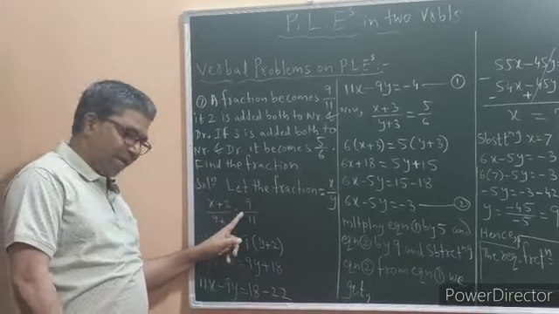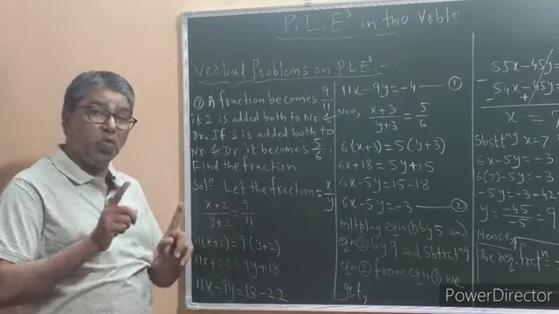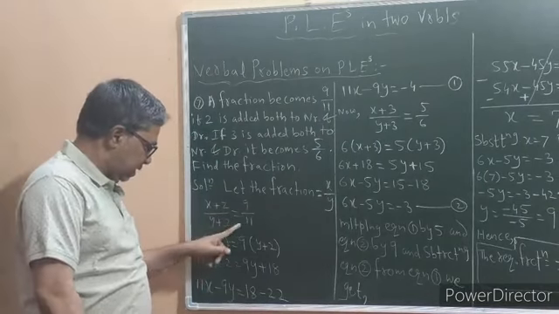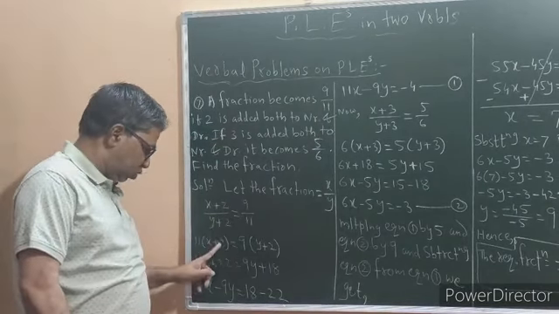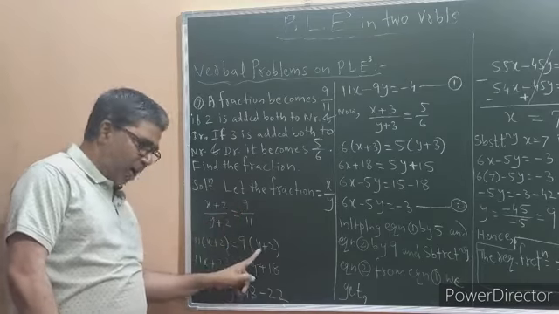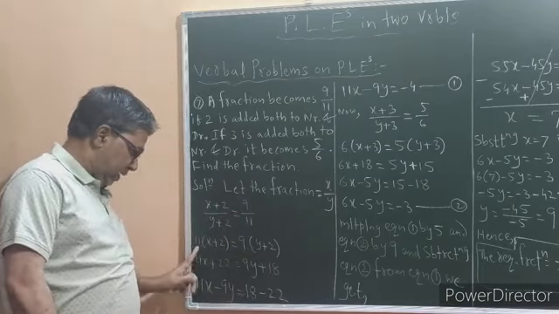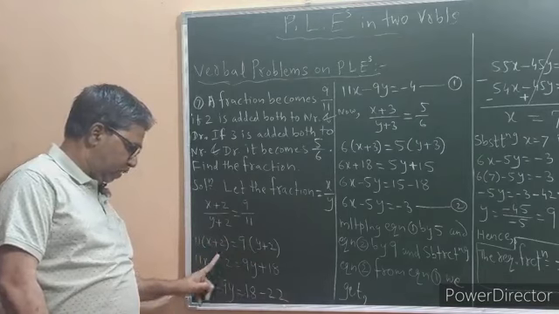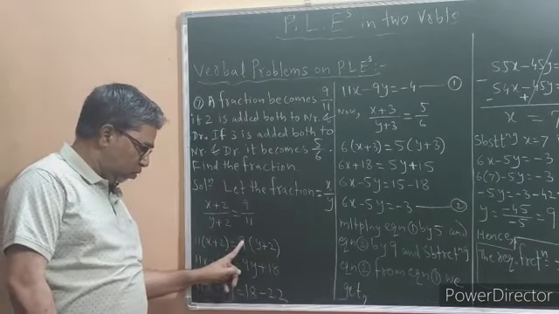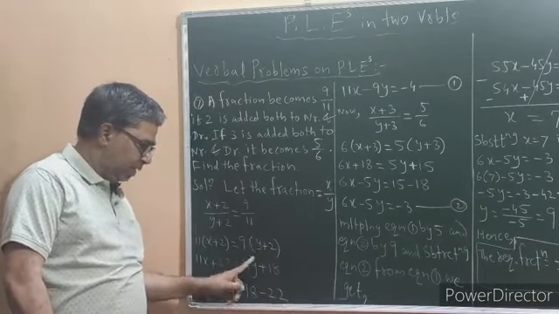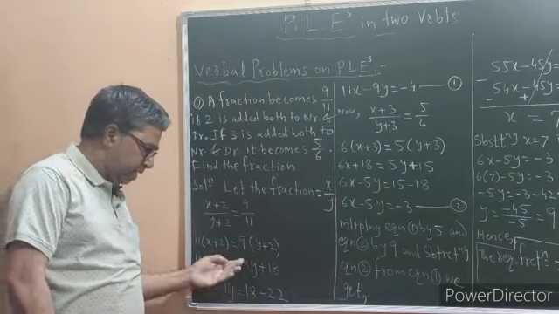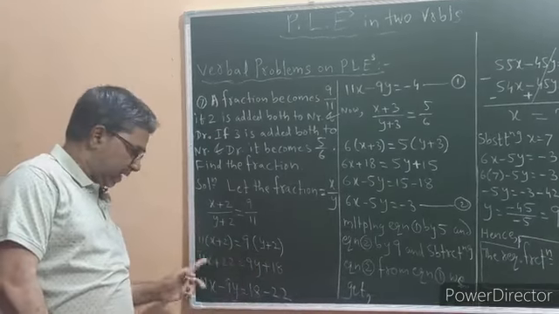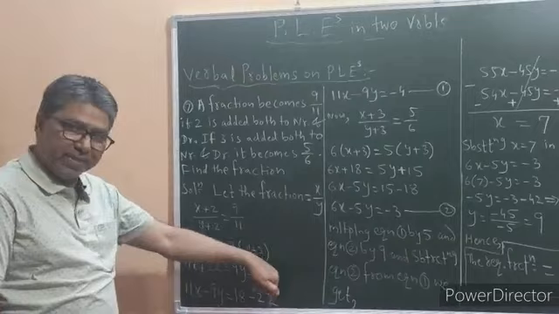Now two fractions are equal, then we have to go for cross multiplication. 11 into x plus 2 is equal to 9 into y plus 2. 11 into x, 11x plus 11 2s are 22 is equal to 9 into y, 9y plus 9 2s are 18. Bring 9y towards left side, take 22 towards right side.